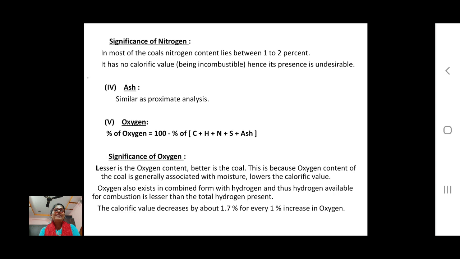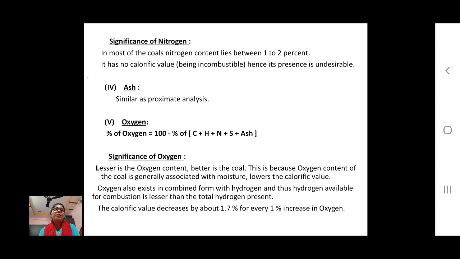Oxygen exists separately or maybe in combined form with hydrogen, and thus hydrogen available for combustion is lesser. That is, we are thinking that there is suppose 10% hydrogen, but some hydrogen is in the combined form with oxygen as water.